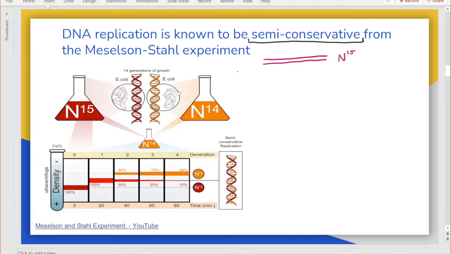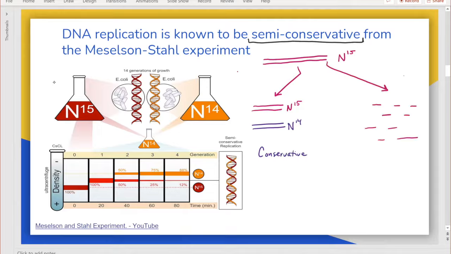And there are 3 possibilities here. One possibility is that they got only N15 or N14 pieces of DNA. This is the conservative model. Another possibility is that each resulting piece of DNA is some combination of N15 and N14, but that it's very difficult to predict which pieces came from the original parent and which are new.